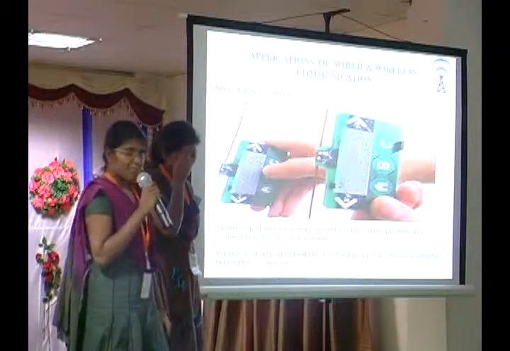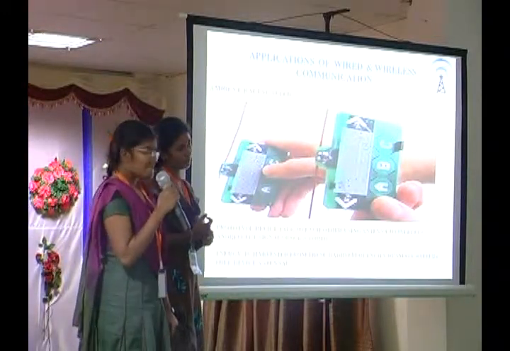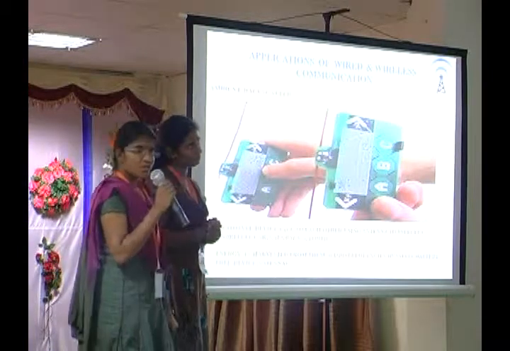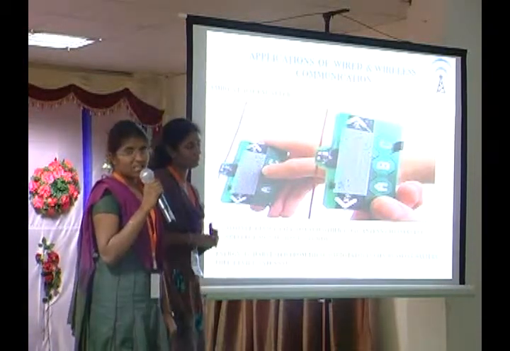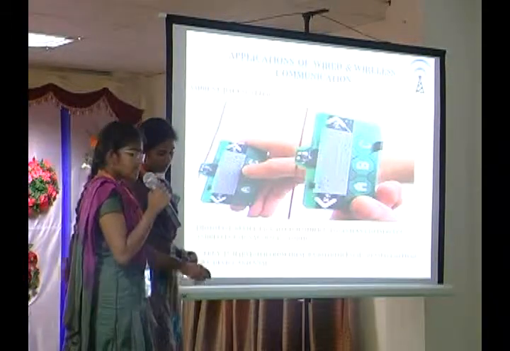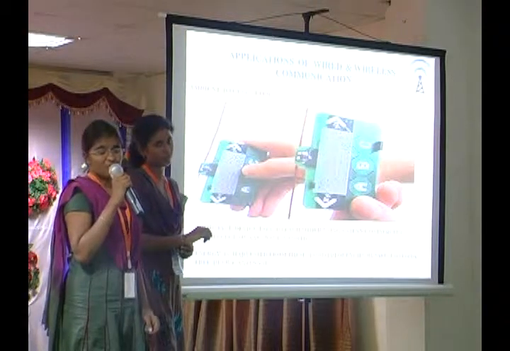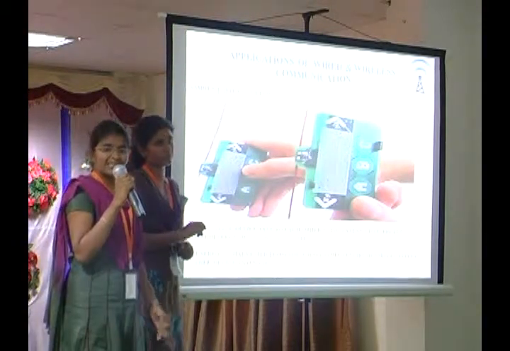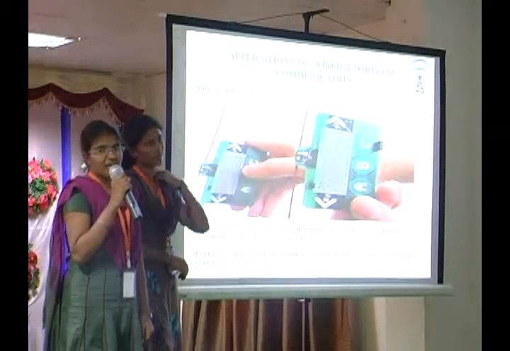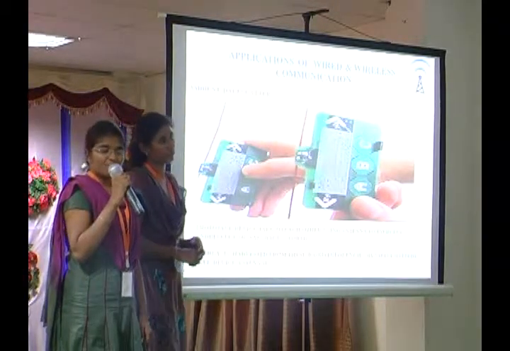First comes ambient backscatter, which is a recent wireless application invented by engineers of the University of Washington. Ambient backscatter is a device which uses radio frequencies existing in the atmosphere, such as radio and television.